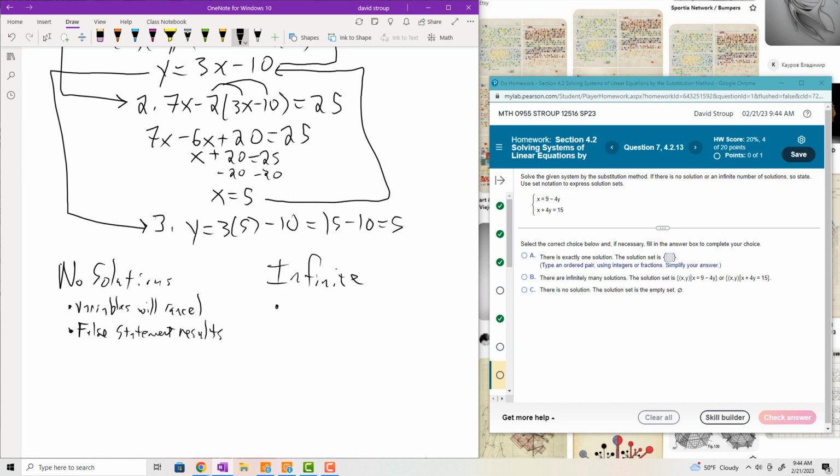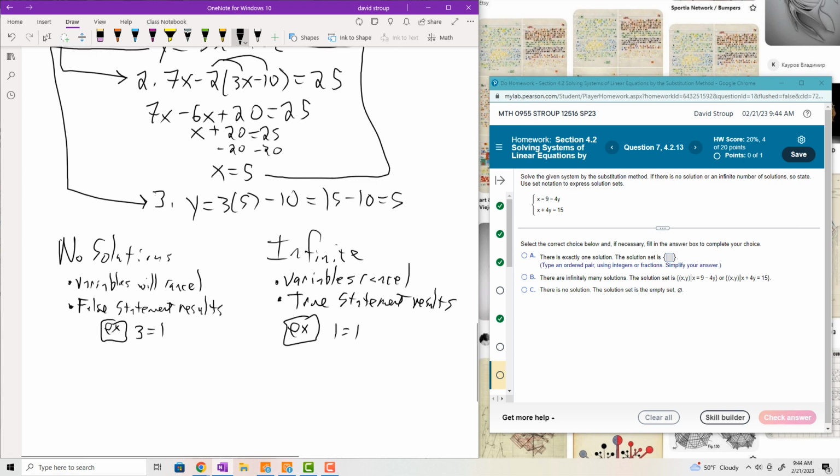Okay. In the infinite case, it's the same spiel. The variables will cancel, but then you'll have a true statement resulting. Okay. So in that first case, a false statement, an example of that would be something like 3 equals 1. In the second case, for infinite solutions, an example would be like 1 equals 1.